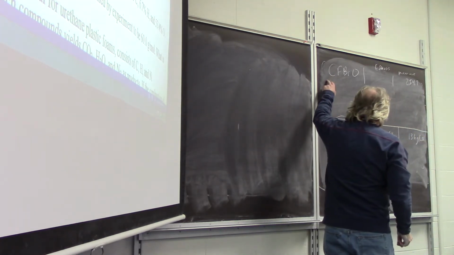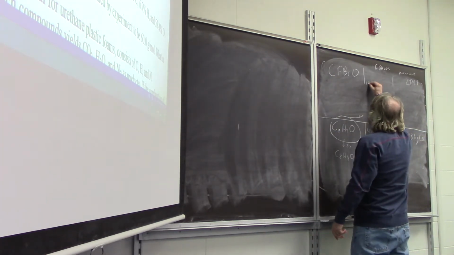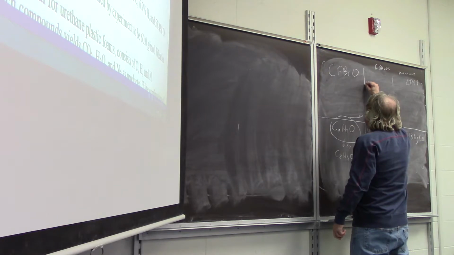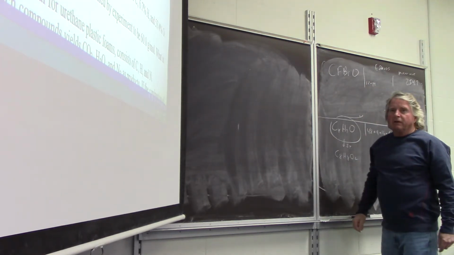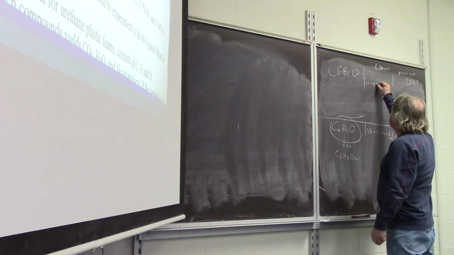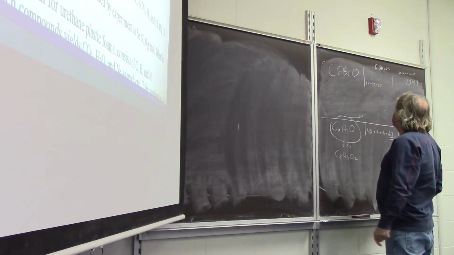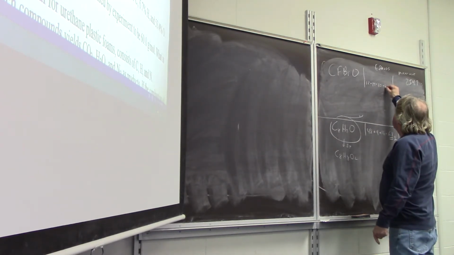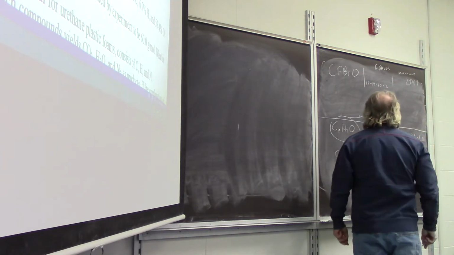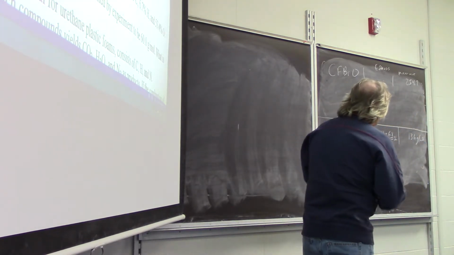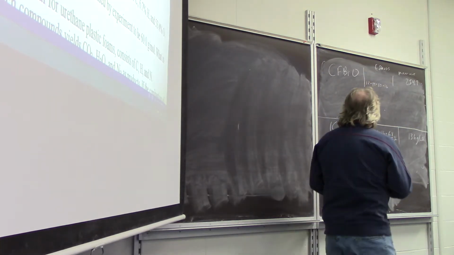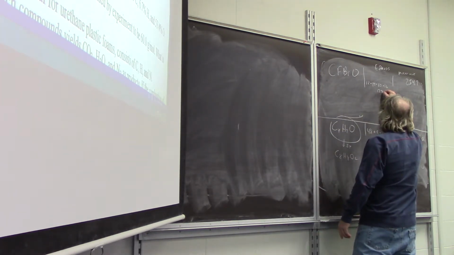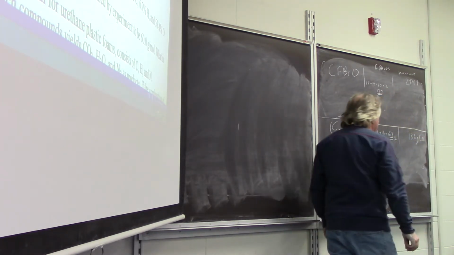All right, carbon's 12. Fluorine is 19. Bromine is 79, so we'll say 80, just to see how close we are. And then 16, so 31, 111, 127, about 128.